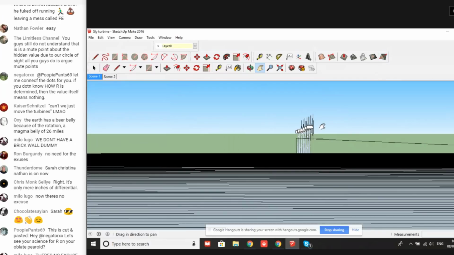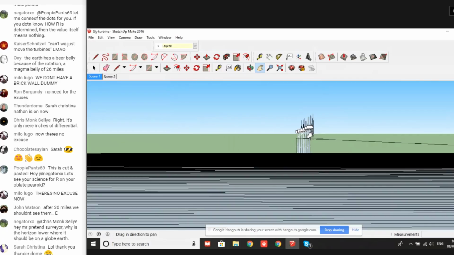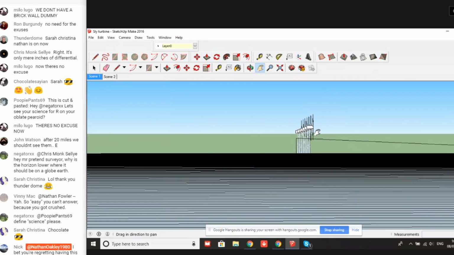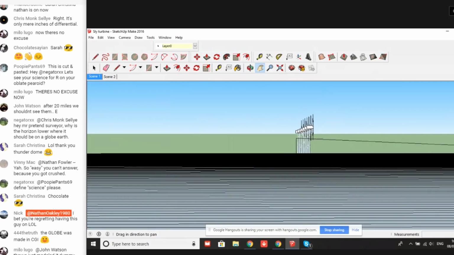So hang on. With regards to Ranty's picture, which model does Ranty's picture support? Flat Earth, most definitely, and you brought the point up yourself, Sleeping Warrior. The picture is only providing information of straightness. Yeah. Now, I have a point. You just said that this row of turbines could be considered straight.